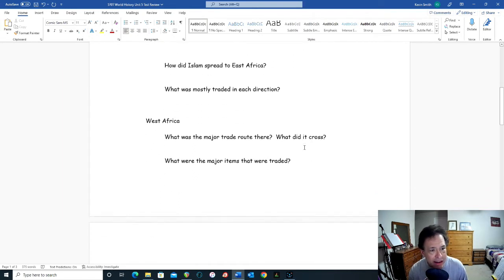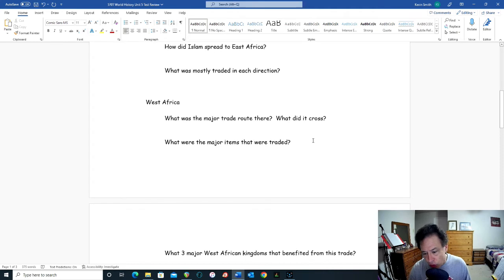And then how did Islam spread to East Africa? Arab traders on that Indian Ocean trade network spread Islam along the East African coast as they traded, set up cities and trading centers, and their religion went with them. What was mostly traded in each direction?